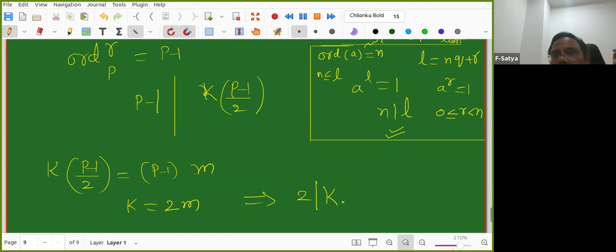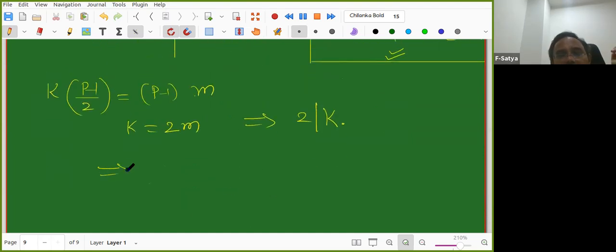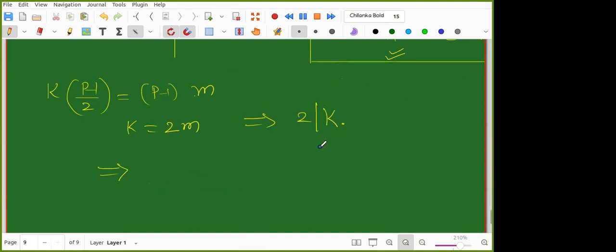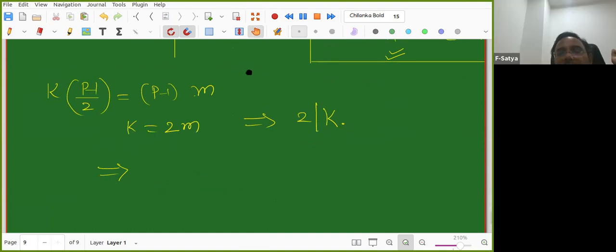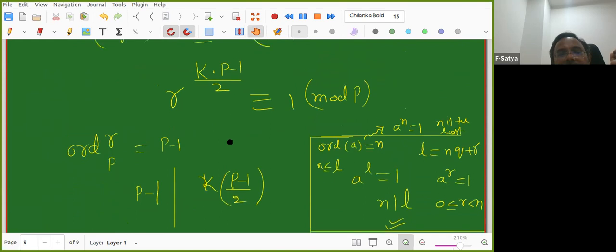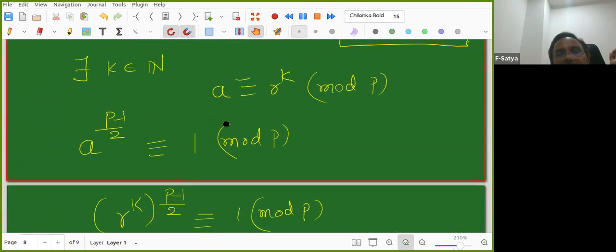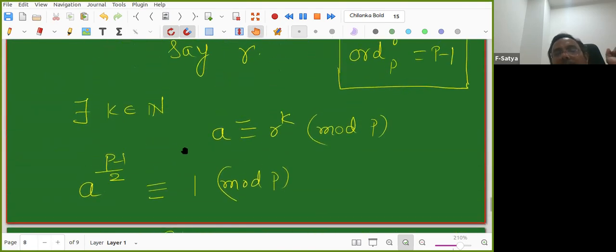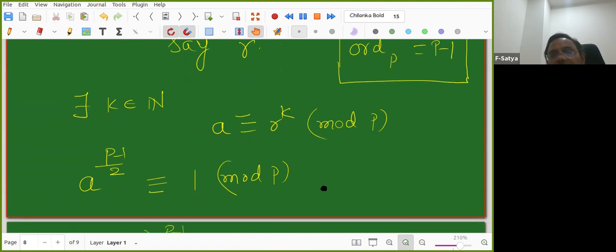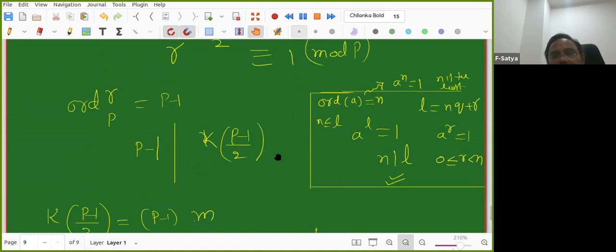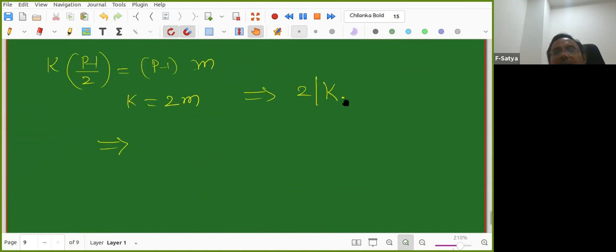So this implies what? Where did this k come from? That we forgot. Somebody told us r is a primitive root, then a is an element, then a equal to r power k. Now k is even. So what have I done? It's simply that k is even, I proved.